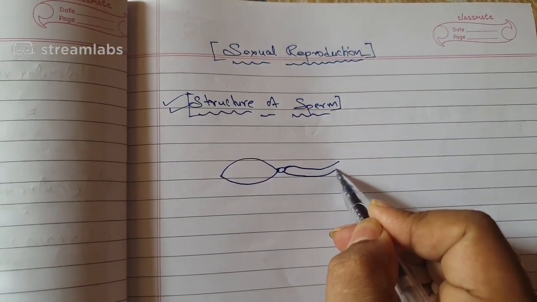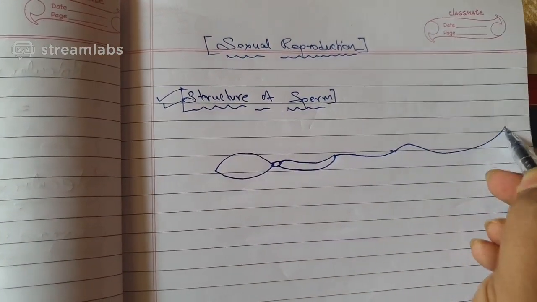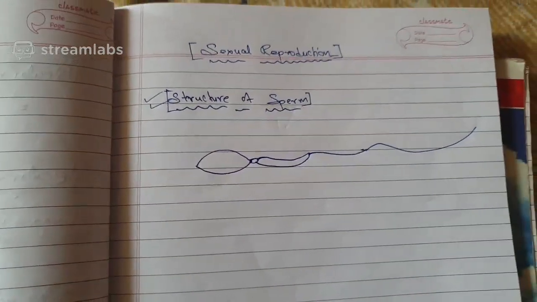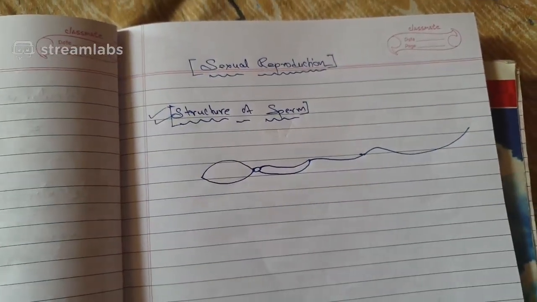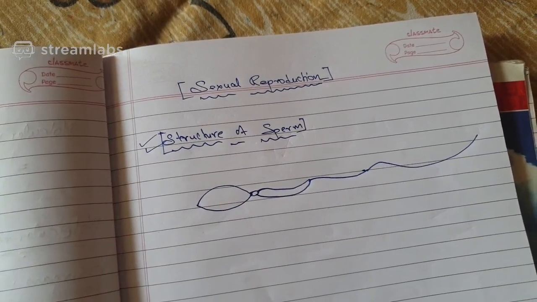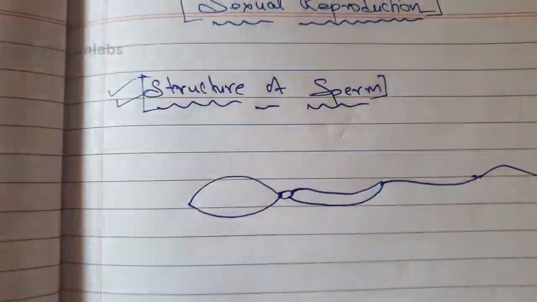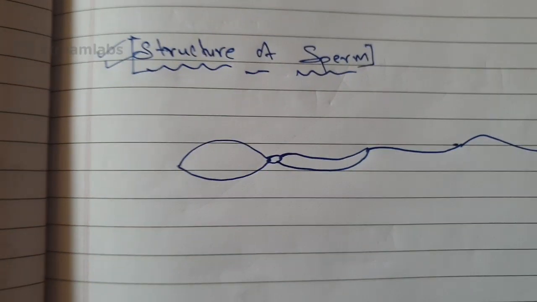Then it has a principal piece, and then a tail. If I label the sperm properly, this is how the sperm would look, and let us try to understand it.